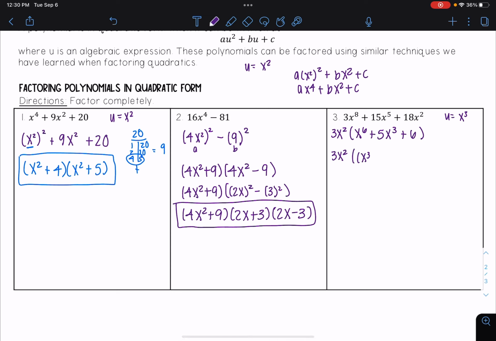And so I can rewrite this as x cubed, squared, plus 5x cubed plus 6. I'm looking for two numbers that multiply to 6 but add to 5. It's going to be 2 and 3. And so this is going to equal 3x squared times x cubed plus 2 times x cubed plus 3.